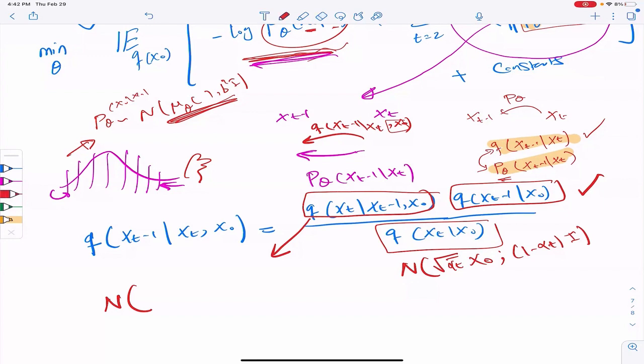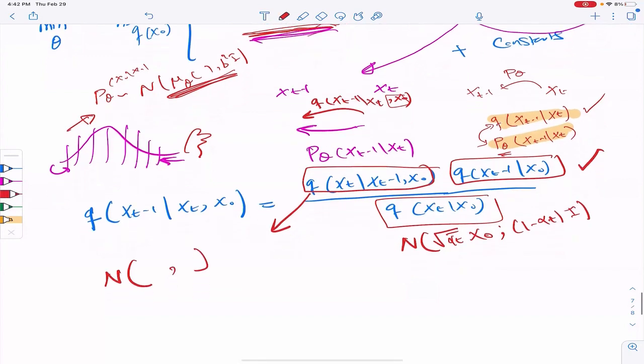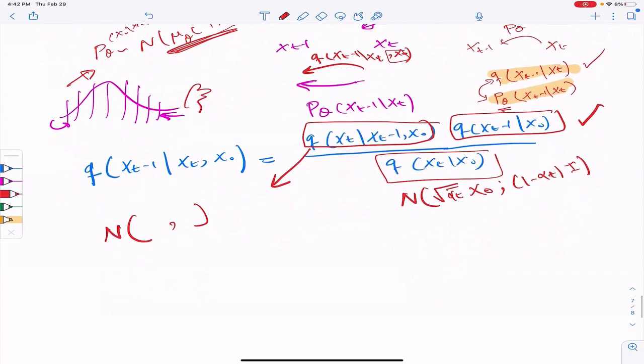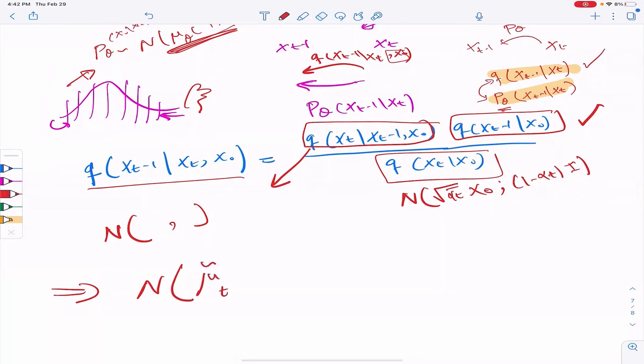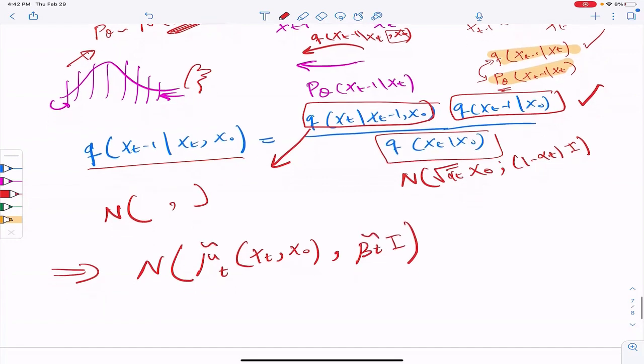If you do the algebraic computation, you can look at the densities and write this distribution as a Gaussian distribution with some mean, let's call that mu hat theta of xt and x0, and some covariance that is a scaled version of the identity covariance matrix.